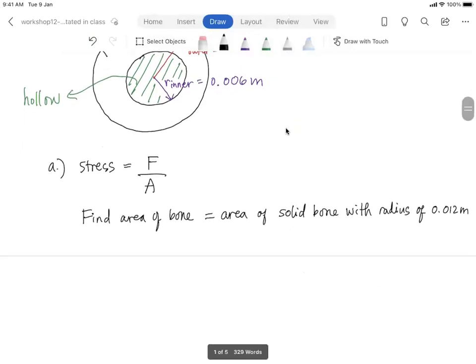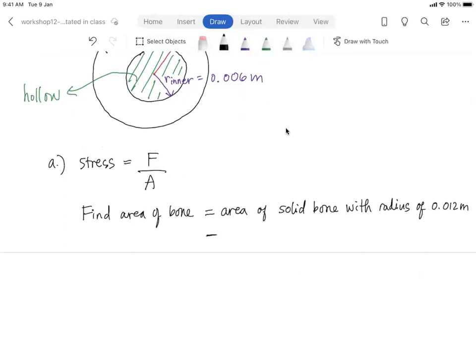But then you have to take away, or minus, the area of the hollow section of the bone with radius of 0.006 meters.